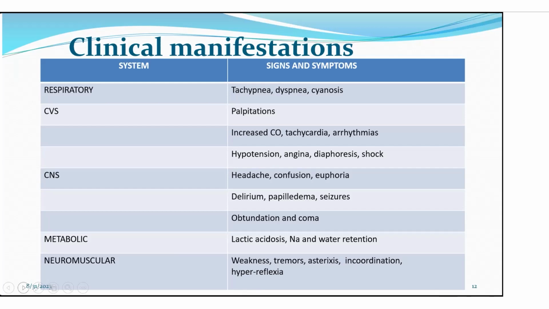When you look at the CNS, you may have headache, confusion, and euphoria. You may have delirium, papilledema, seizures, agitation, and coma. When you have metabolic, you may have lactic acidosis and water retention. With neuromuscular, you may have weakness, tremors, incoordination, hyperreflexia, or even ataxia.